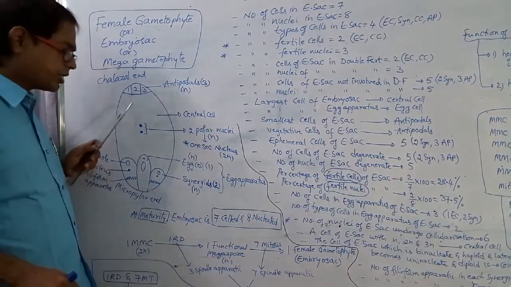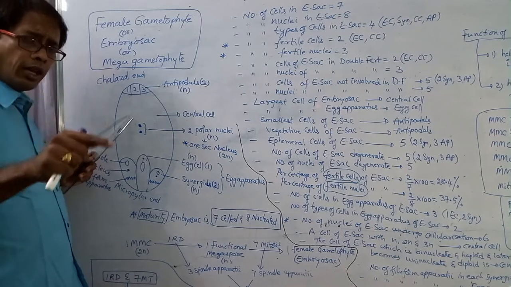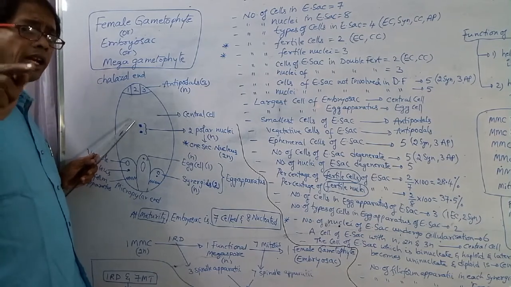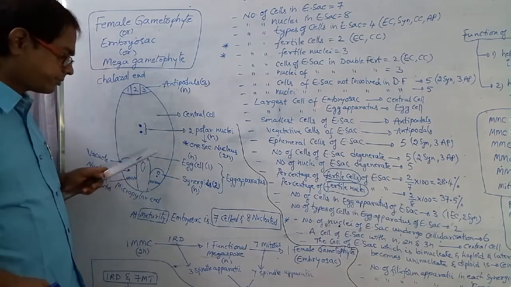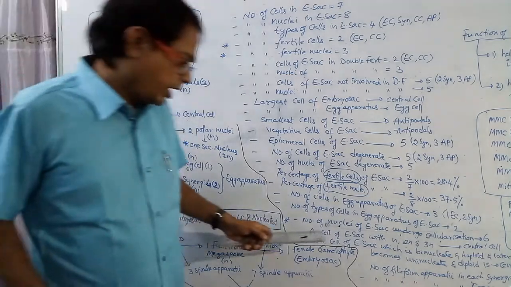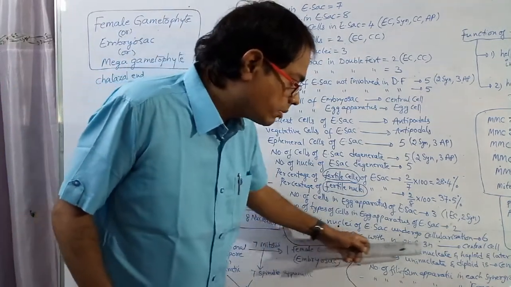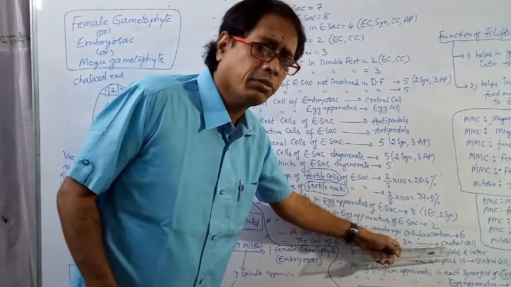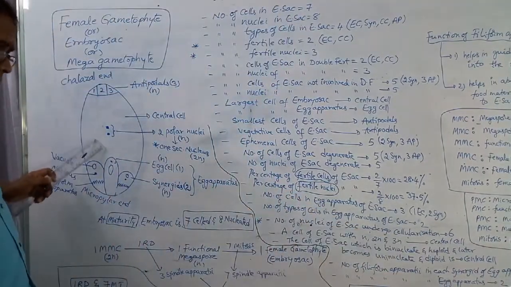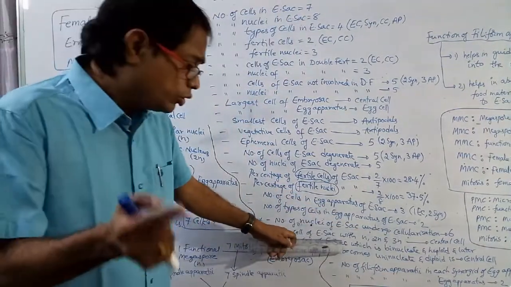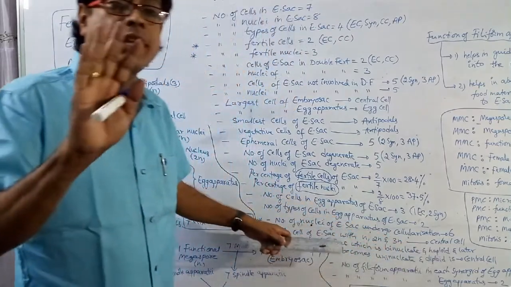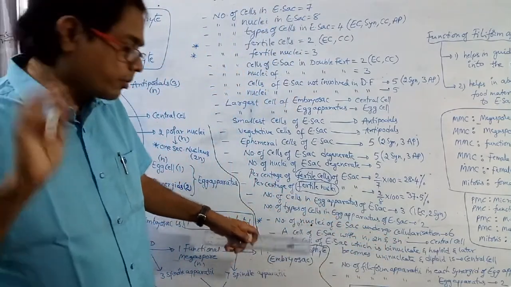So a cell that is initially haploid, later diploid and finally triploid is the central cell. A cell of embryo sac which is binucleate and haploid, and becomes uninucleate and diploid, is the central cell. This is also very, very important.